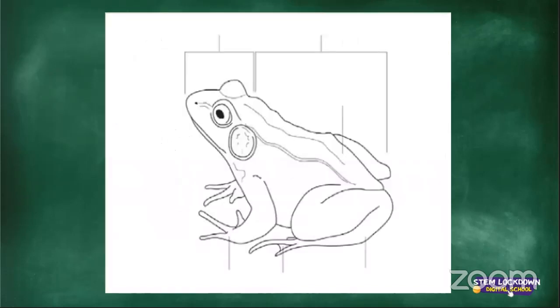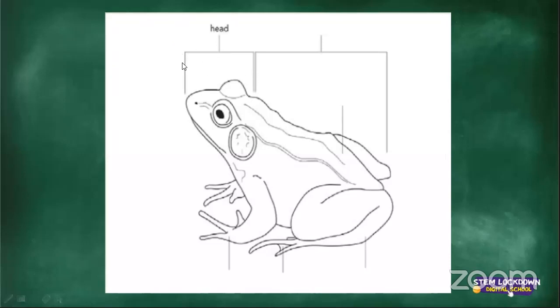Our next one, a frog. Remember, a frog cannot live where it is very dry because his skin is moist and he needs water. So let's quickly label him. We're going to start at the top here. And this is, oh, everyone got that right because that's so easy, right?